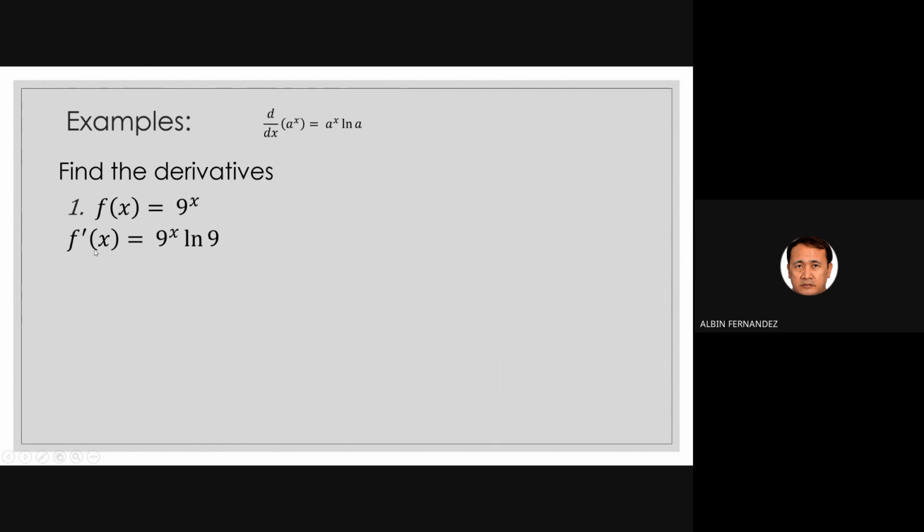So that would mean if you find f prime, this would be 9 to the x ln of 9. Second example is f of x equals 4e to the x plus 12 raised to x. So this again is a sum rule. The first term, 4e to the x, has the derivative 4e to the x. And then 12 raised to x has the derivative 12 raised to x ln of 12.